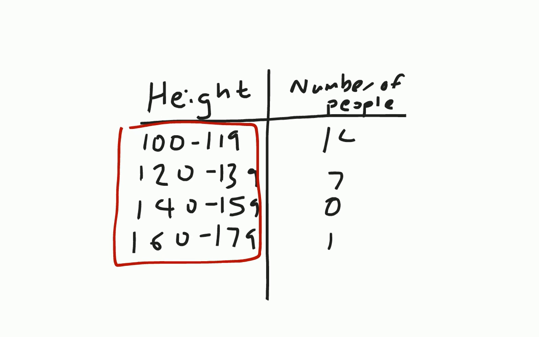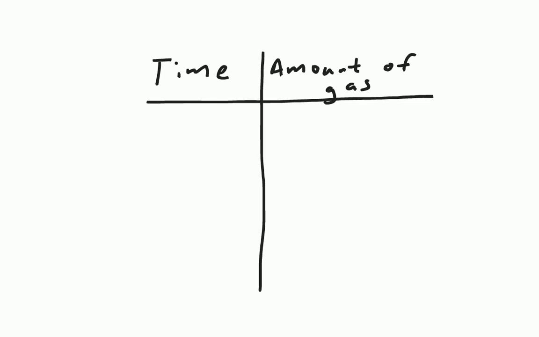So for example, if we're doing an experiment where we are measuring amounts of gas produced over time, then we might want to take a measurement at 30 seconds, 60 seconds, 90 seconds, 120 seconds, 150 seconds, and 180 seconds if we're going every 30 seconds.